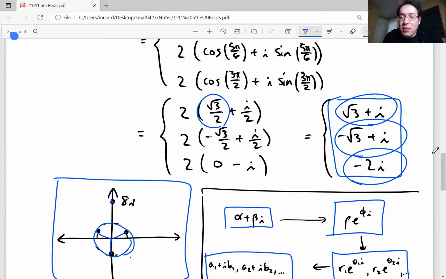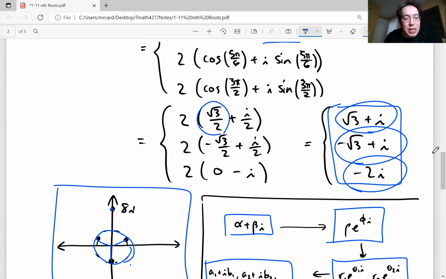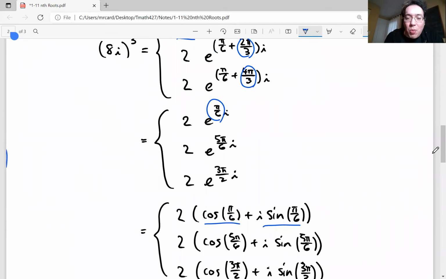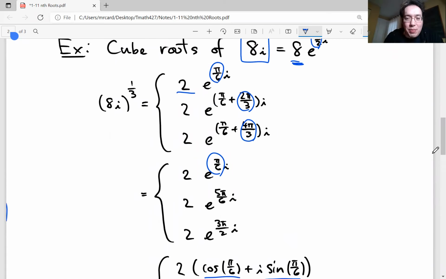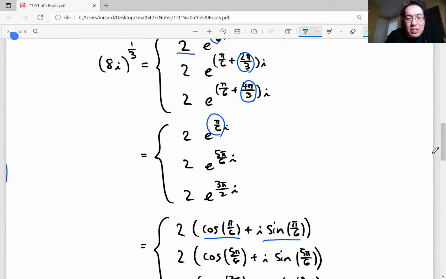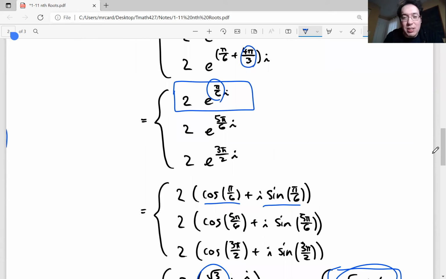One thing you could do is always say, give me the one that comes from the principal branch. That's the answer you get where the angle comes from the original angle being between pi and negative pi, right? So you can look at this first answer here and say that's the answer I'm looking for, if you wanted to specify by saying the principal branch.